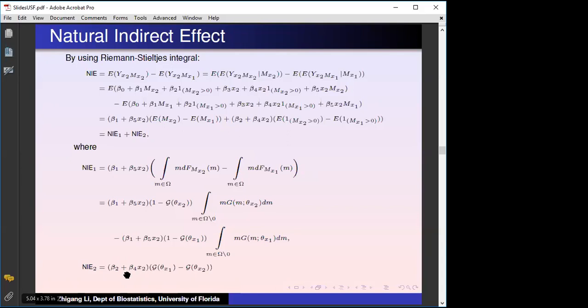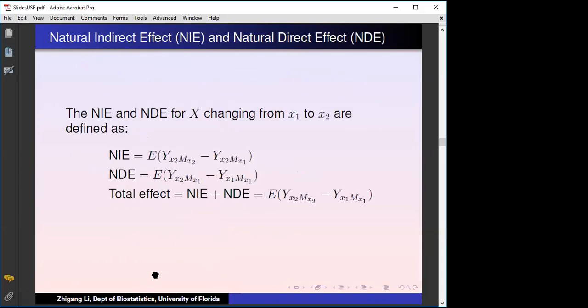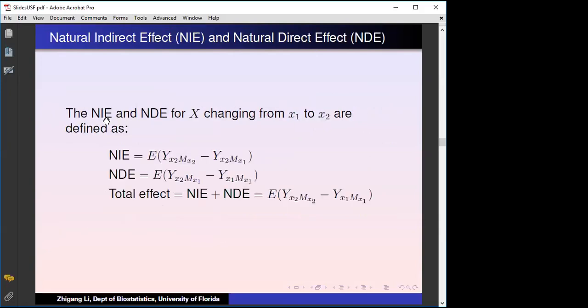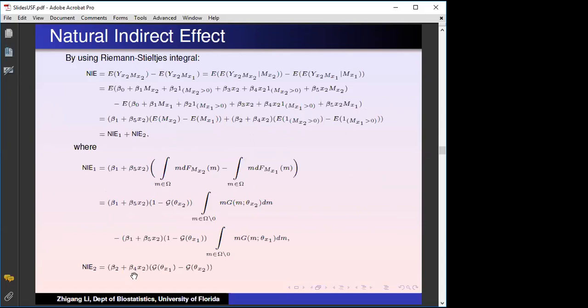As you can see, the second mediation effect depends on beta 2 and beta 4. If you still remember the model, beta 2 and beta 4 are the coefficients that characterize the effect of the binary mediator on the outcome Y. So if beta 2 and beta 4 equal 0, then this second mediation effect will be 0 because the binary mediator has no effect on the outcome.